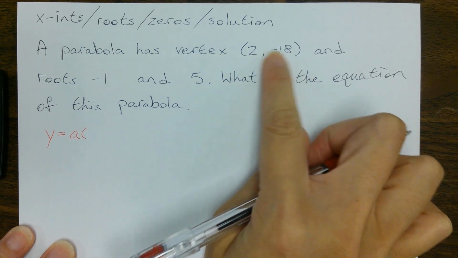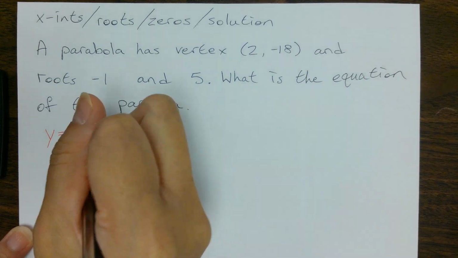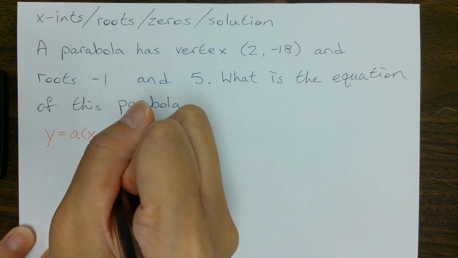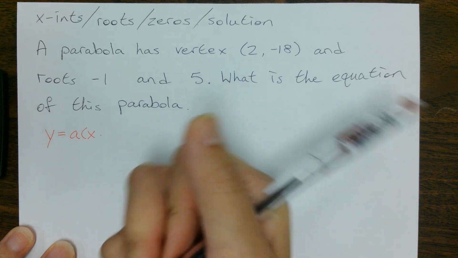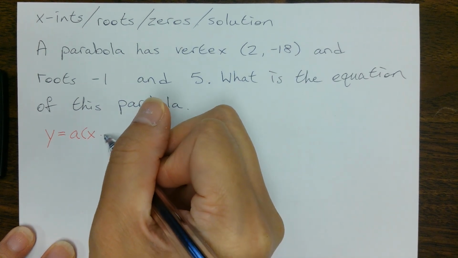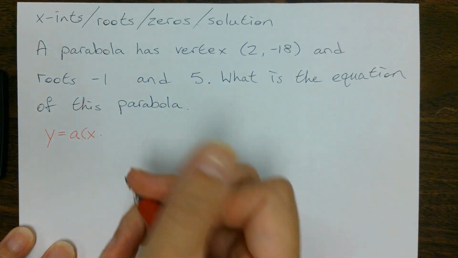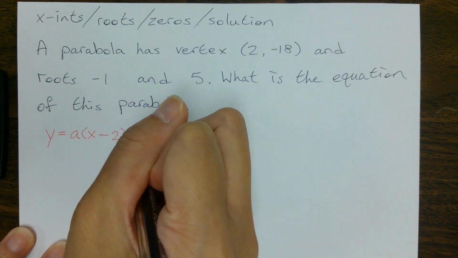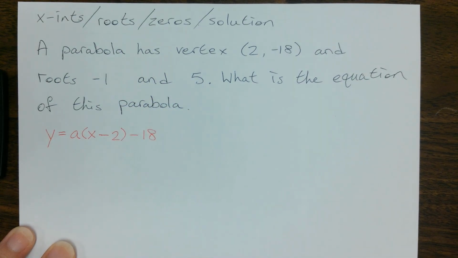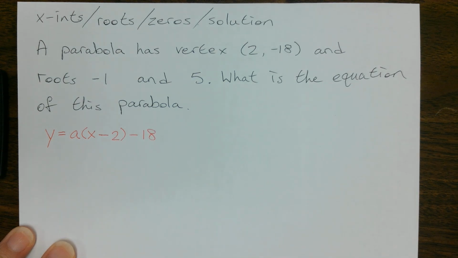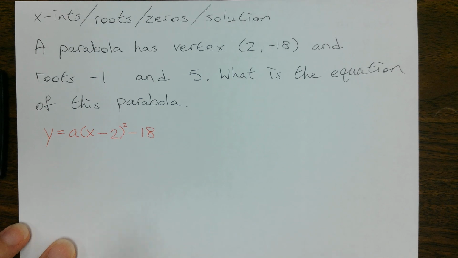Can you put this in vertex form for me? X. And now what? This is my vertex. How do I write it inside? Yep. X minus 2 bracket minus 18. Okay. What is Maria missing? Square, right. Without that square, it's not a parabola. It's a line. Good.